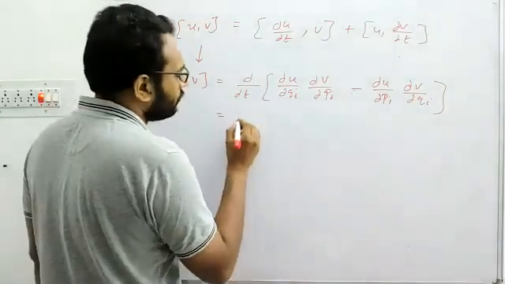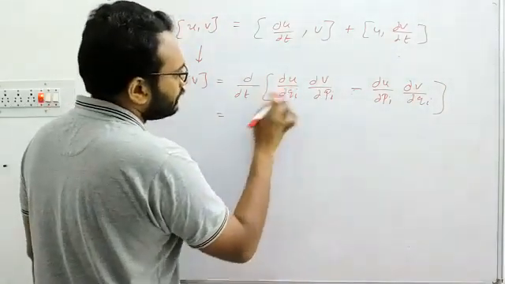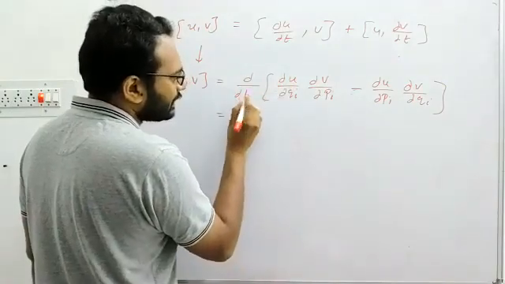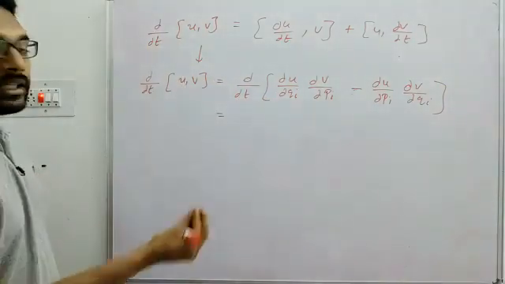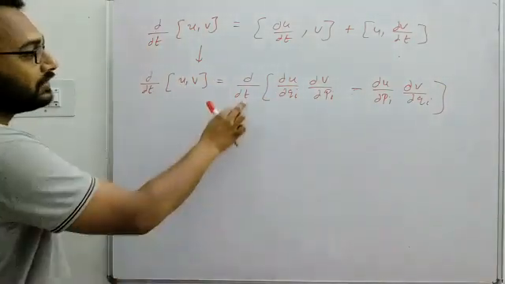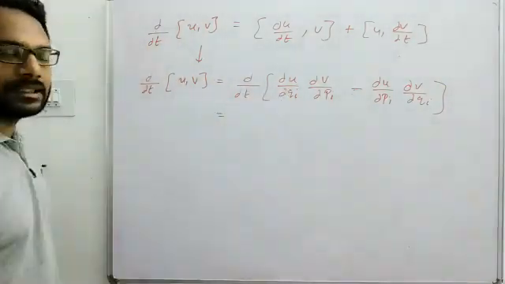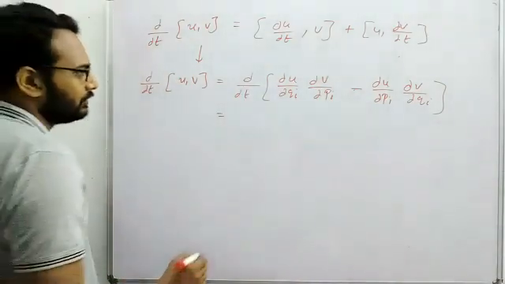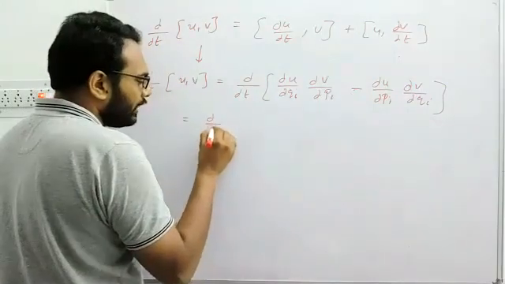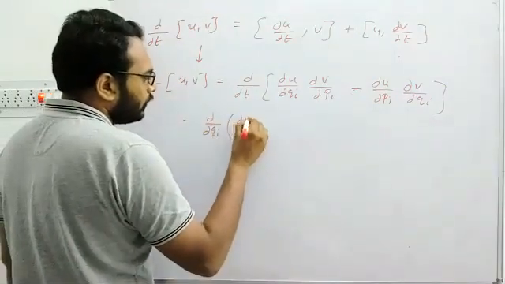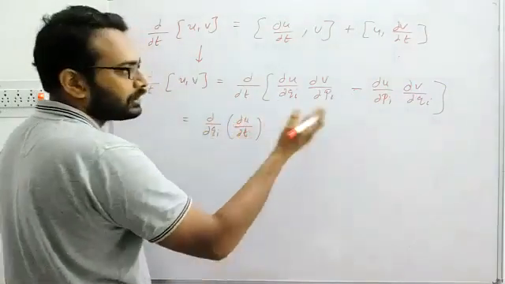So this is just a derivative, right? Since it's a partial derivative, we can exchange it with the other derivative. If it's a total derivative, you may not be able to do that. But if it's a partial derivative, we can always exchange it with the other partial derivatives. So let's write this as ∂/∂qi of ∂u/∂t. Now you are using the product rule.